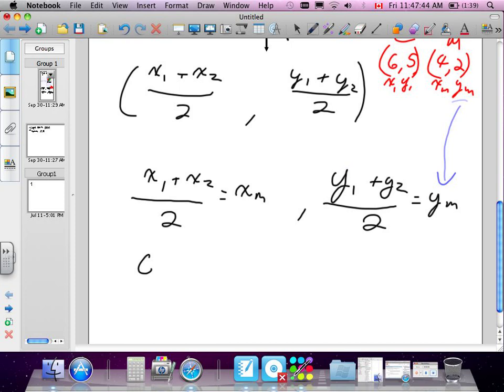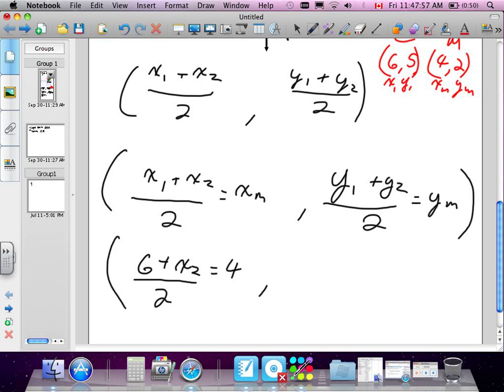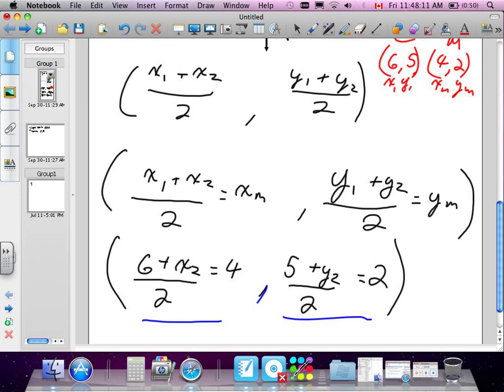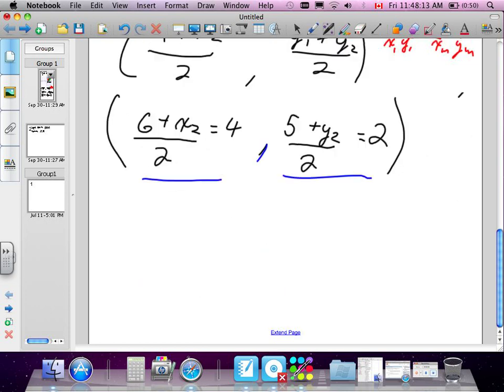So x1 was 6 plus x2, what we're looking for, divided by 2 is equal to xm, which was 4. y1 was 5 plus y2, what we're looking for, divided by 2 is equal to ym, which is 2. Now remember, this comma separates these. These are 2 separate equations. We're going to solve for the variables in each of them.